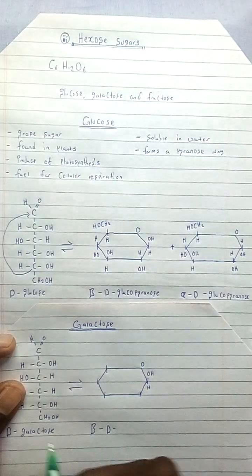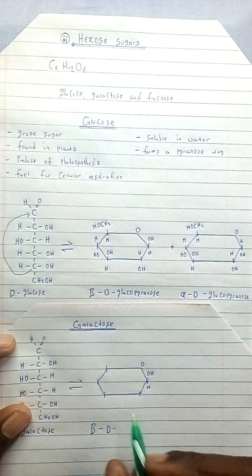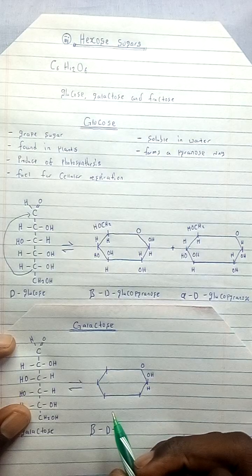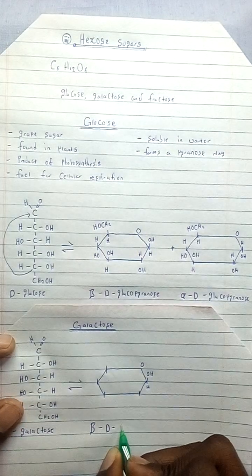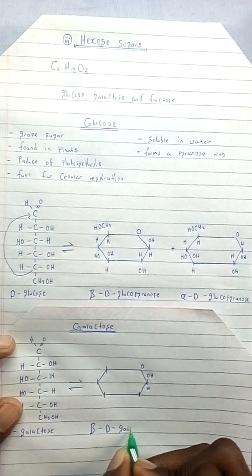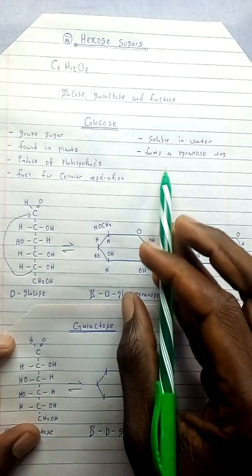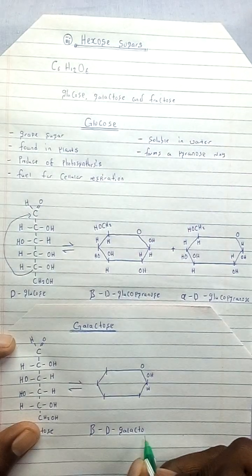Beta-D-what? It forms a pyranose ring, so it will be galactopyranose.